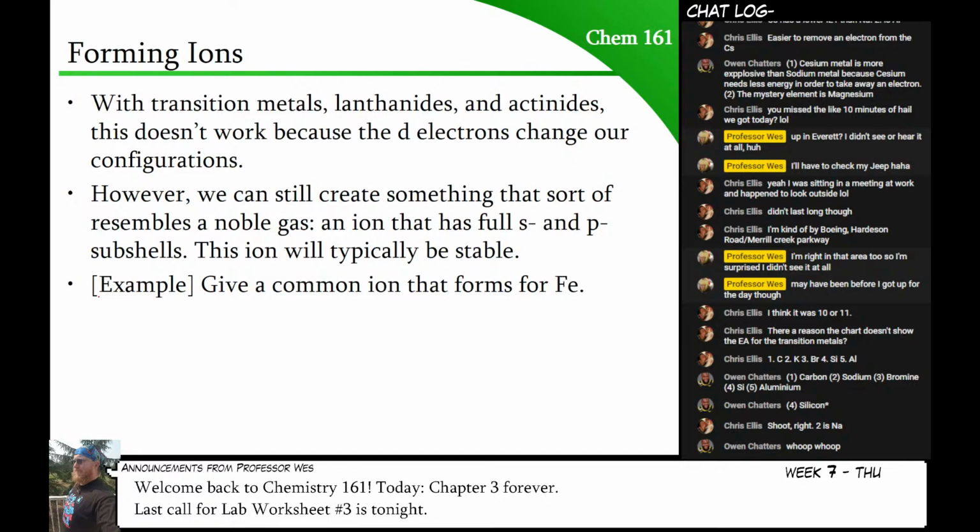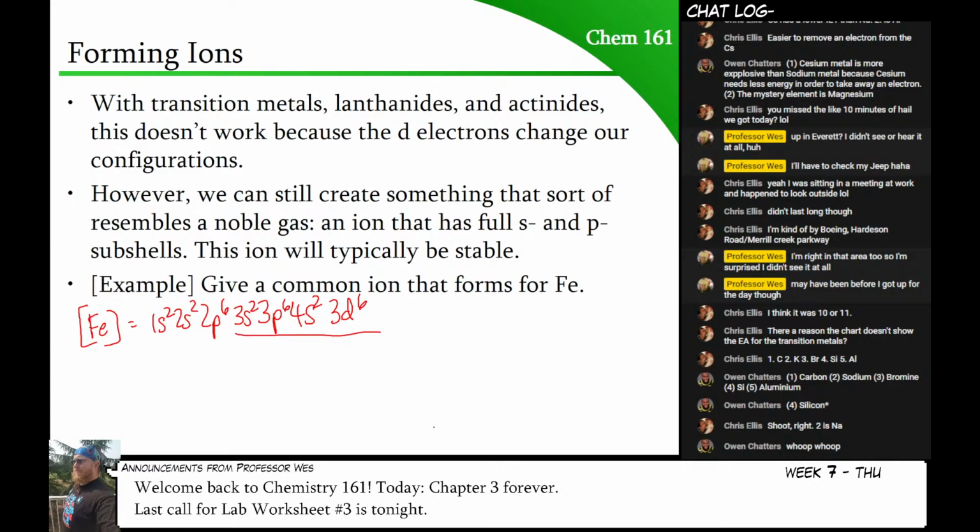So iron is 1s2, 2s2, 2p6, 3s2, 3p6, 4s2, 3d 1, 2, 3, 4, 5, 6. There we go. So I'm going to draw this part right here.